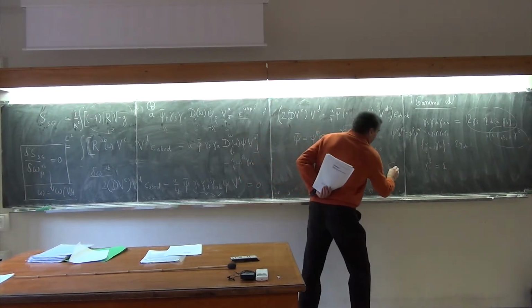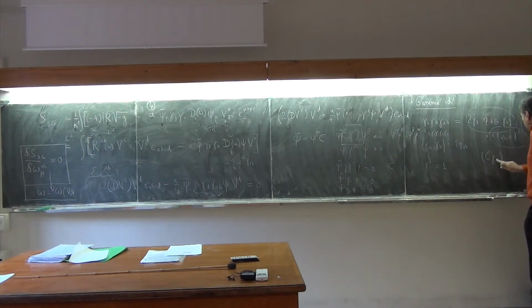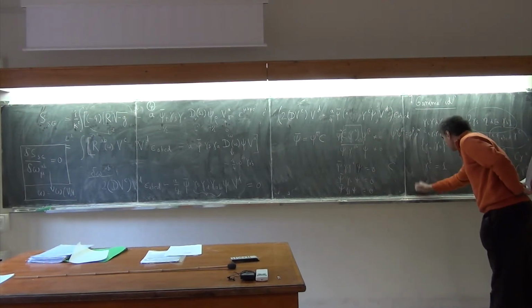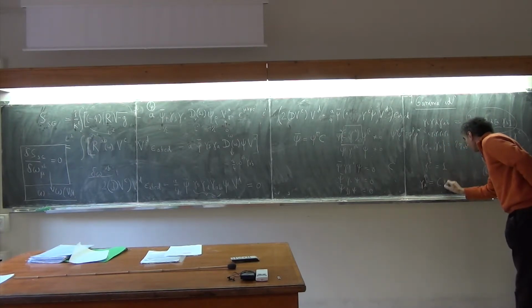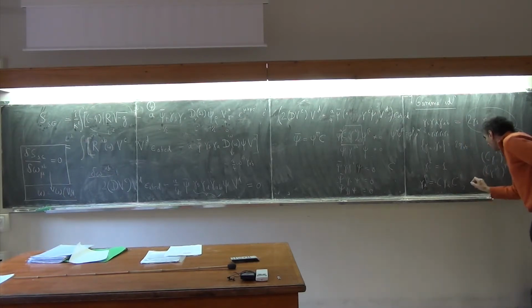Now, it turns out that in our list, we have that C gamma A is symmetric, and C gamma AB is symmetric. This is, again, just an output of the definition of the C matrix that is such that gamma A transposed is equal to minus C gamma A C minus 1, and the fact that C squared is equal to minus 1.